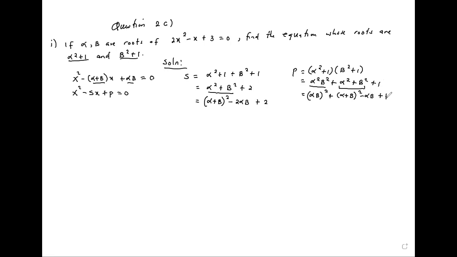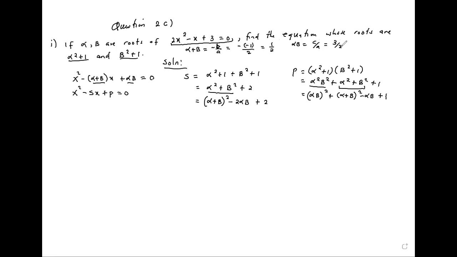Then now we go back to our question. From this equation, we know that alpha plus beta is given as negative b over a, which is equal to negative 1 over 2, which is half. We also know that alpha beta is given as c over a, which is 3 over 2.